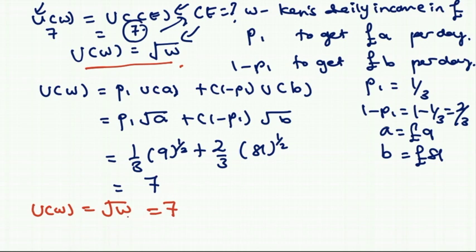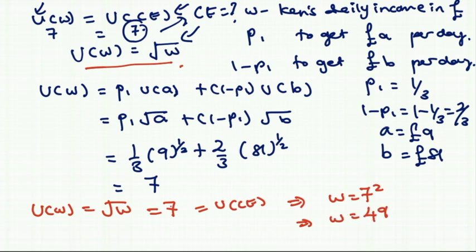So from here, we know that it has to be equal to U(CE). And from here, we can have something like this: W equals 7 squared, isn't it?